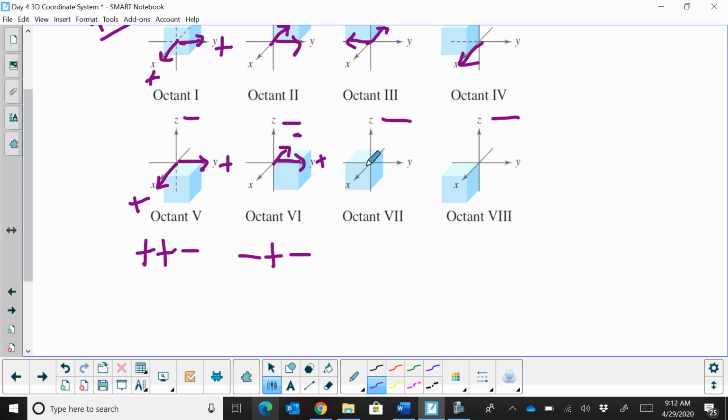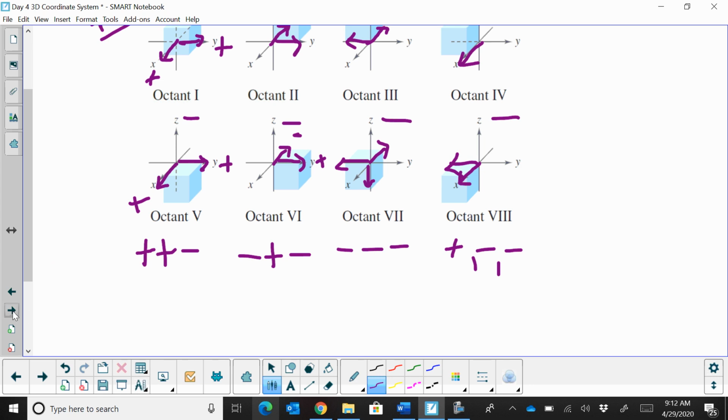And octant 7, x is negative, y is negative, and z is negative. So it's the one octant that is all negative. And the final one, x is coming forward, so x is positive, y is negative, and of course, z is negative. And those are your octants, and those are your signs.